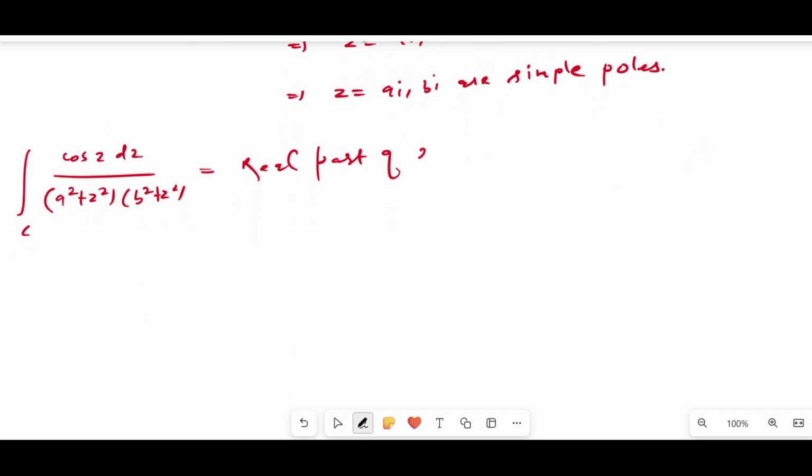So that is the real part of 2 pi i times the sum of the residue at z equal to ai plus the residue at z equal to bi.